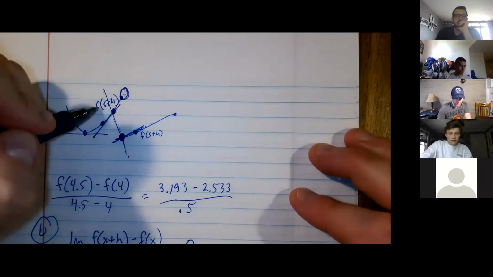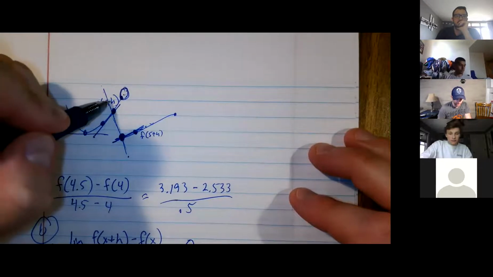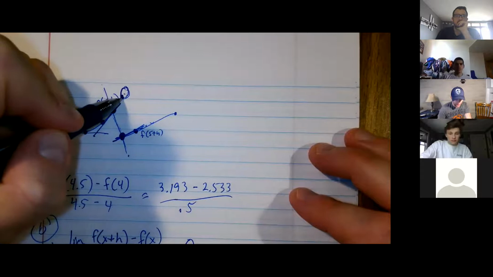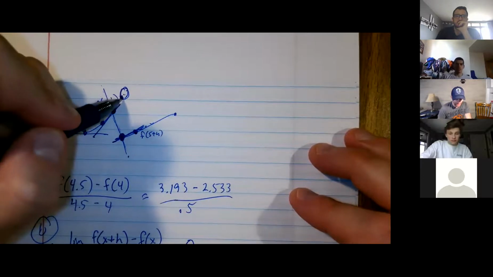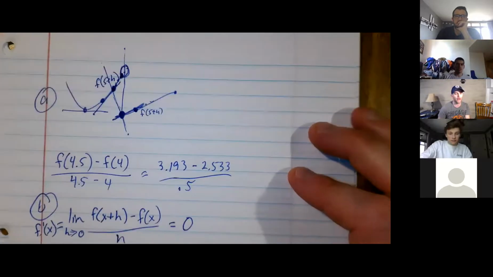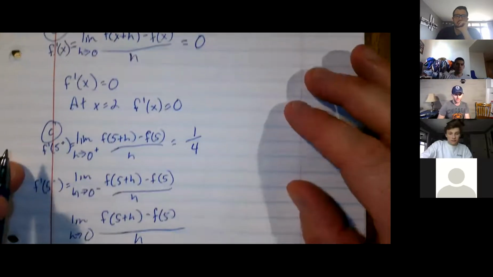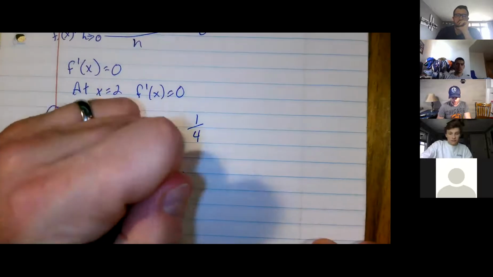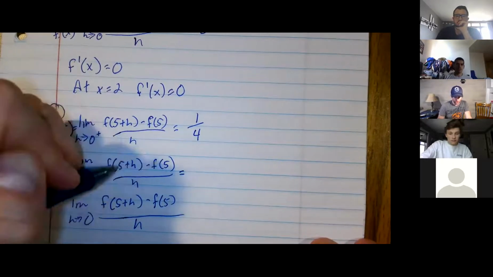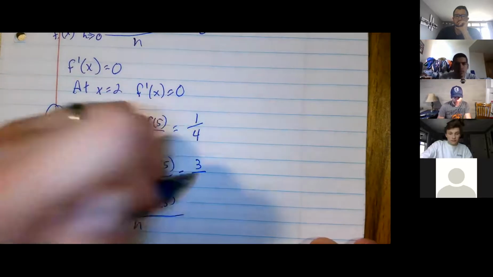But as h gets closer to 0 from the left, this value goes closer and closer to this open circle. And if you imagine connecting the open circle and the closed circle, you get a vertical line. And so that means that this limit is approaching an infinite value, because the change vertically is going to be 3 over 0.